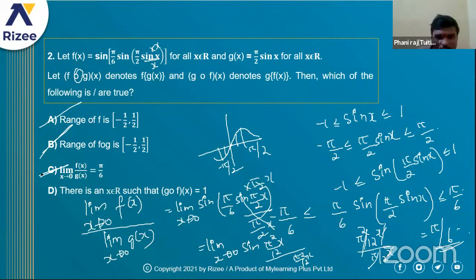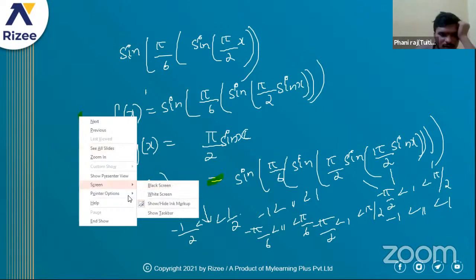So you see, option D deals with g of f. So there is an x such that g of f of x is equal to 1. We'll see if that is true. g of f of x means pi by 2 into sine of something, correct? Why should there be such a thing?